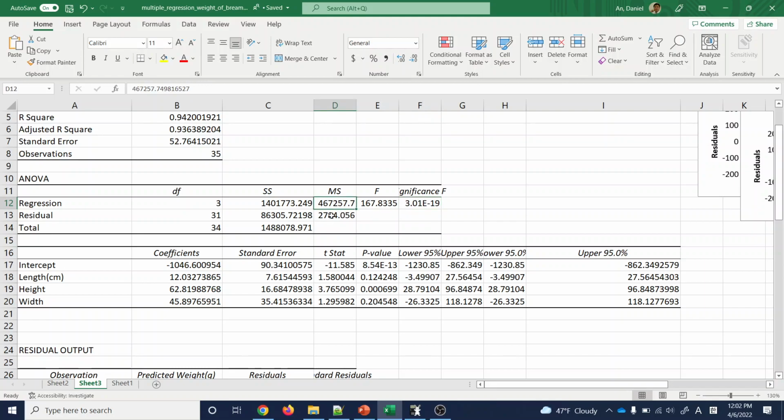The way you should do it is this value is this divided by this, this value is this divided by this, F is this divided by this, and then for this value you use FCDF with this as the beginning value, and infinity is just 1 million, and then you provide the degrees of freedom of the numerator and the denominator, and it will give you this. Okay? Yes?